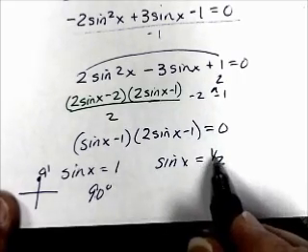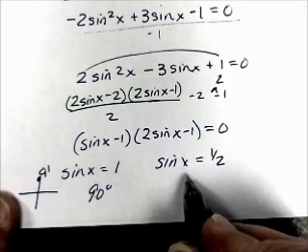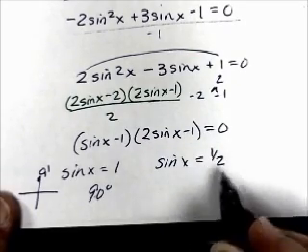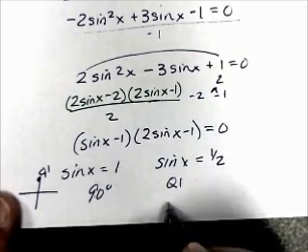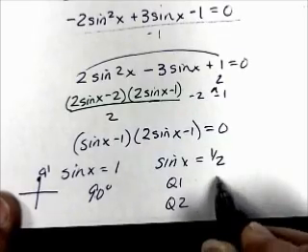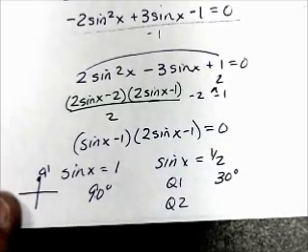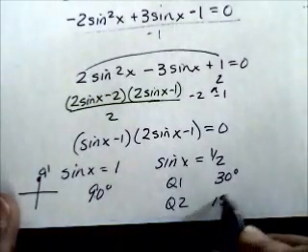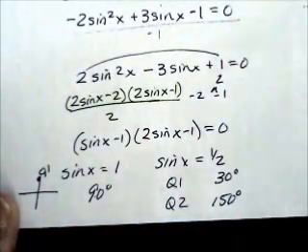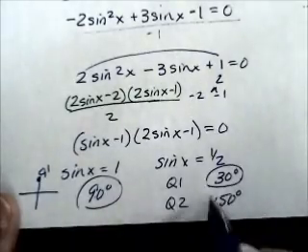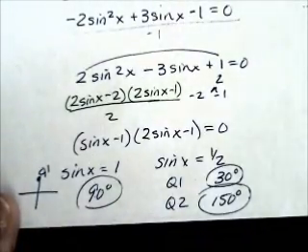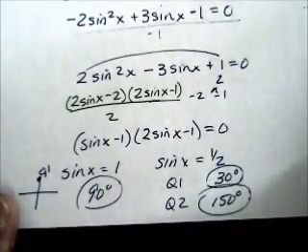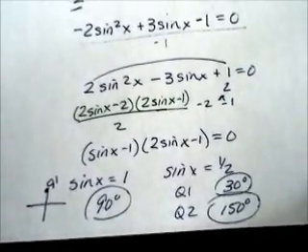Now this positive 1/2: sine is positive in quadrants 1 and 2. So the 30 degrees is in quadrant 1, and in quadrant 2, 180 minus 30 is 150. Three values for theta. Next page.